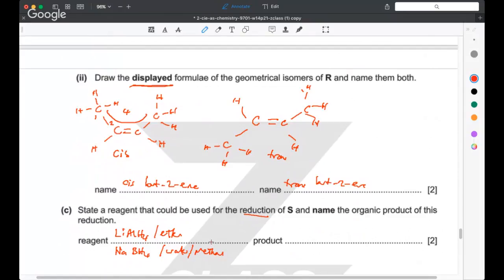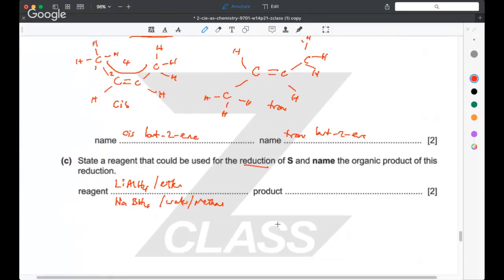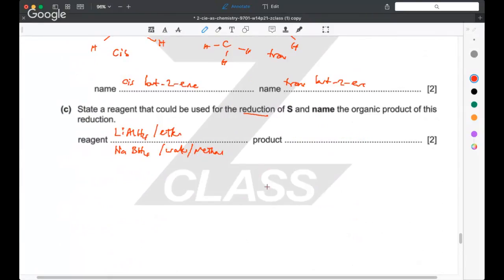And when you reduce a ketone, you get a secondary alcohol. If you take the ketone, it's this, isn't it? That's the ketone that we had, and when we reduce it, we end up with this secondary alcohol here.